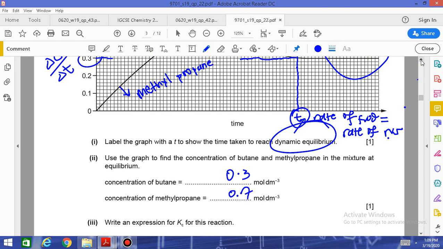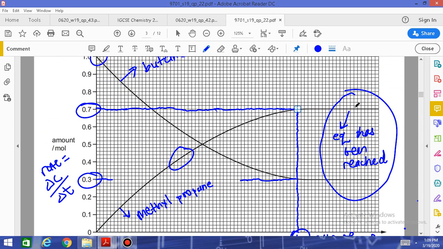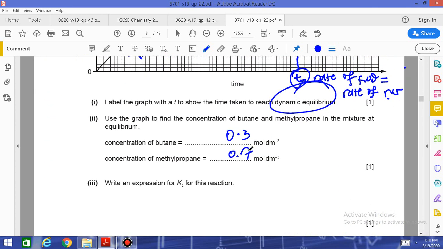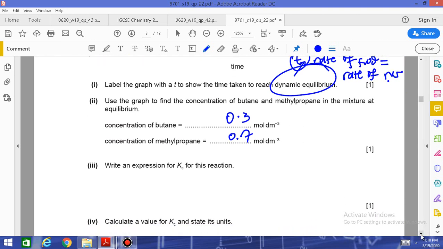So you have to see the horizontal straight line and you make a horizontal line until it reaches the y-axis here, and then you flip the number. 0.3 and 0.7.